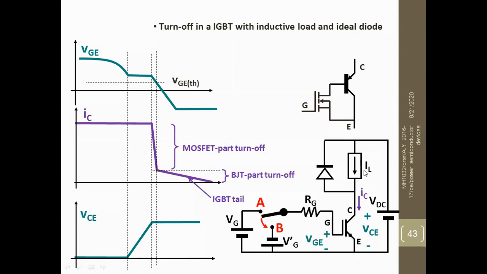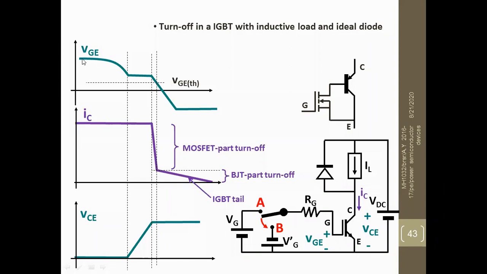With the inductive load, we also placed an ideal diode, consisting of no losses itself, in parallel connection with the inductive load. The inductive current is connected in series with the collector current, towards the collector. This value is the gate emitter threshold voltage.